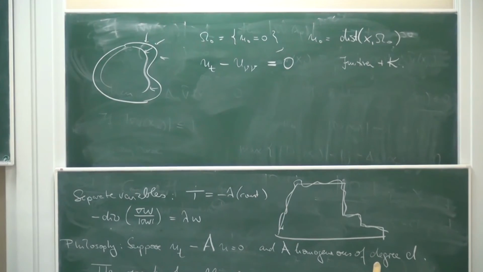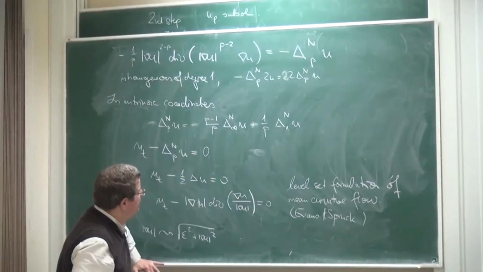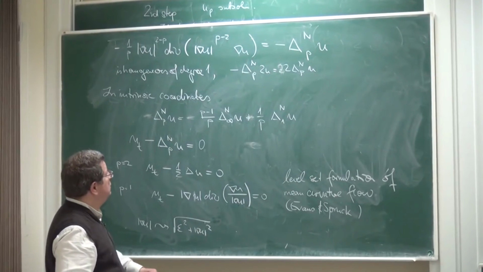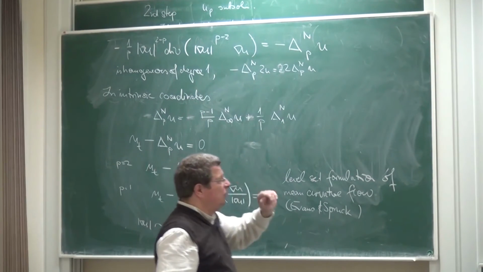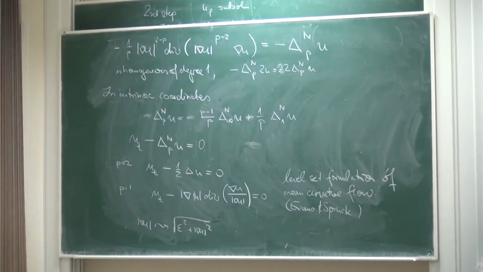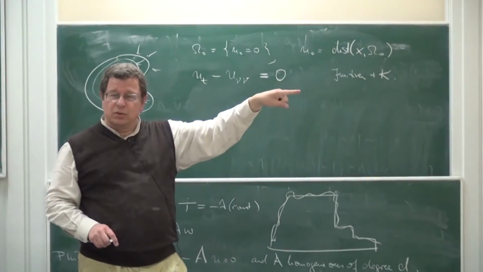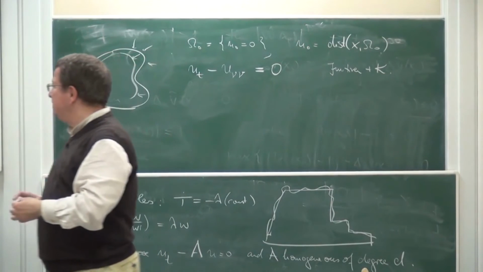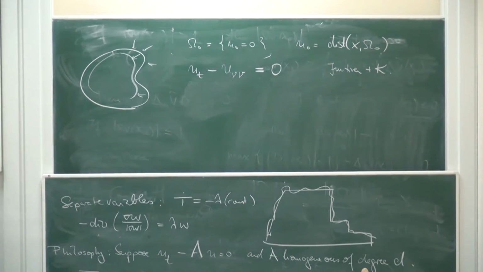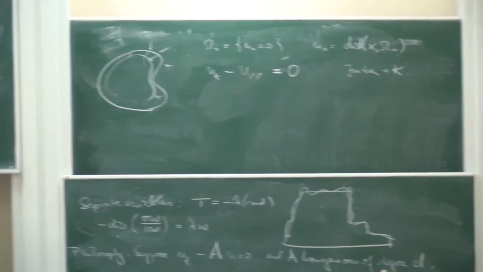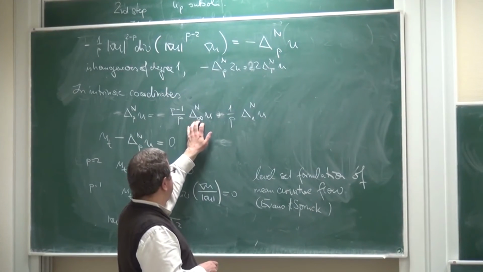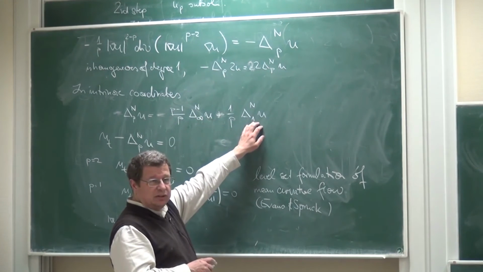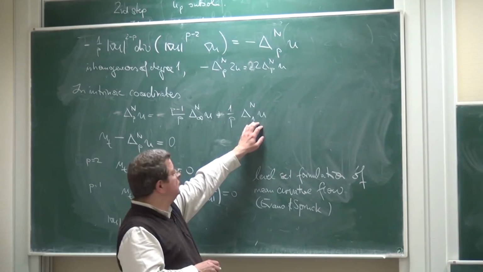Now, let's recall again. This normalized infinity Laplacian is a pure second derivative normal to a level set of u. This normalized 1 Laplacian consists of second derivatives tangential to level sets of u. So here we have a convex combination of one second derivative and the orthogonal other second derivatives.